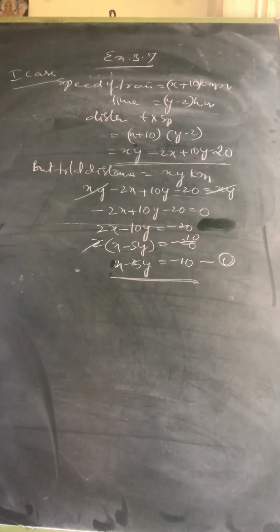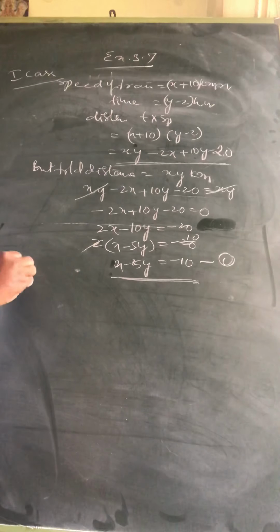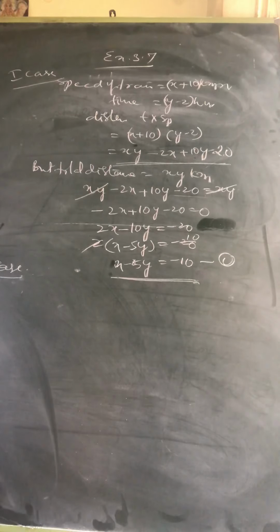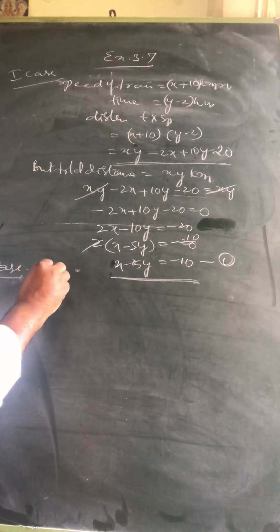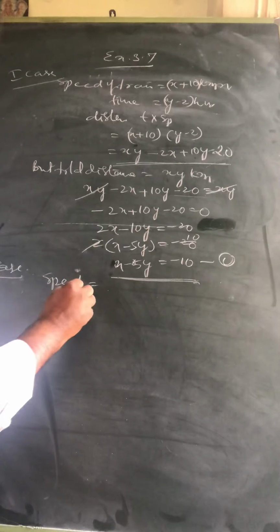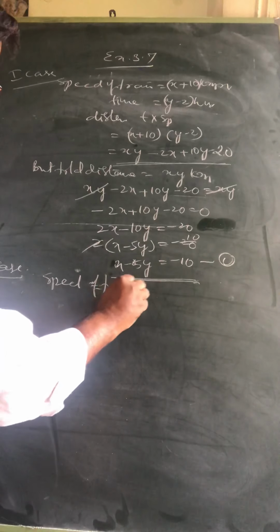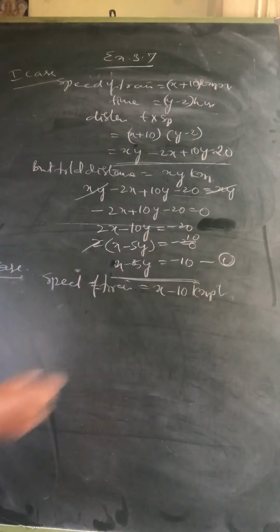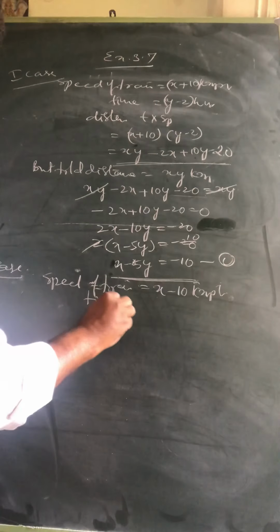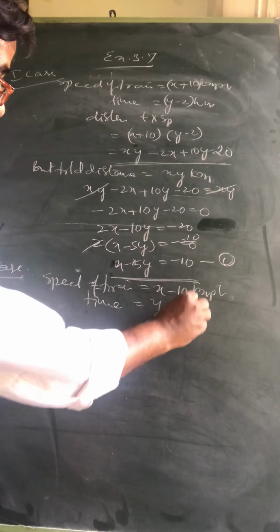And the second case. What he said in the second case: if the train is going 10 kilometers slower, that means the speed is reduced, then automatically more time will be taken. How much more? 3 hours. So the speed of the train is x minus 10 kilometers per hour and the time is y plus 3 hours.